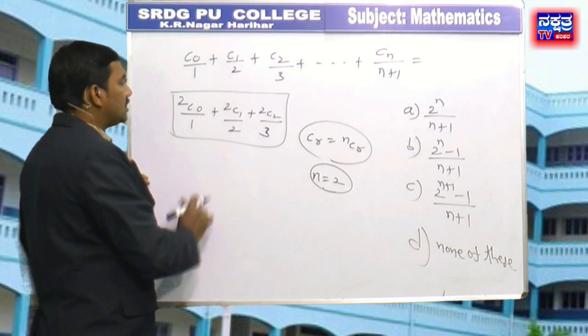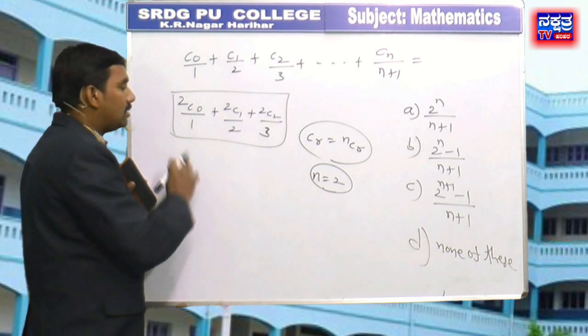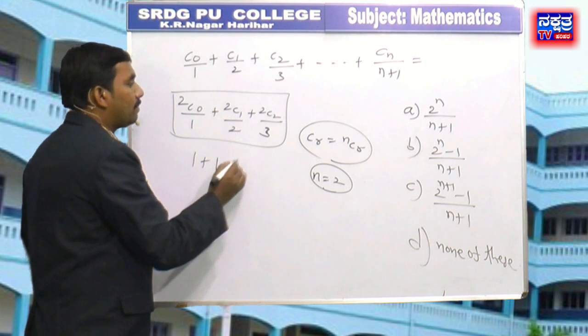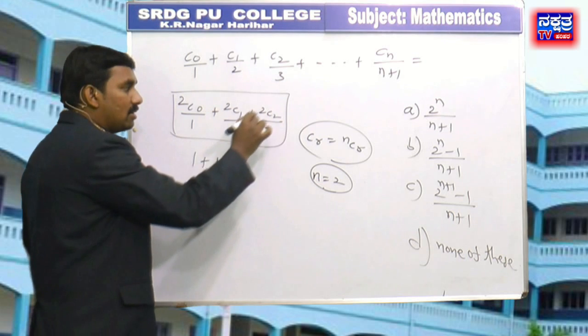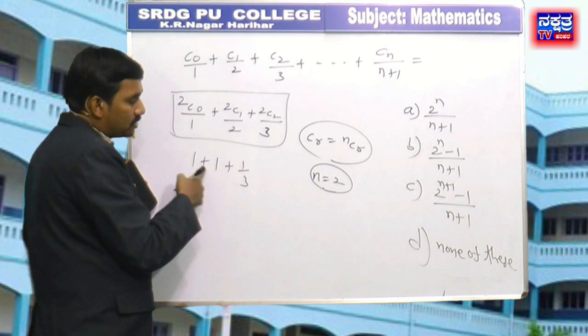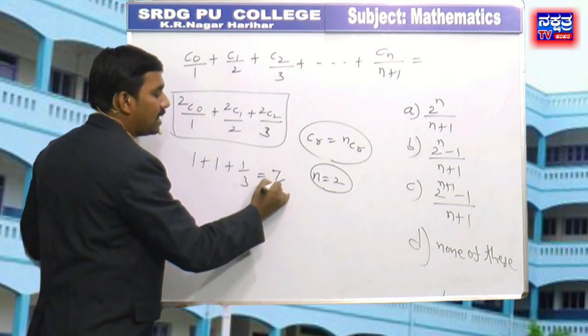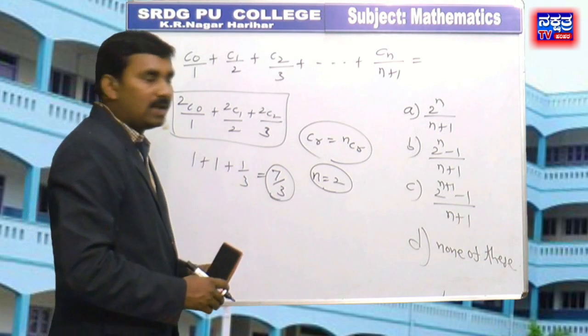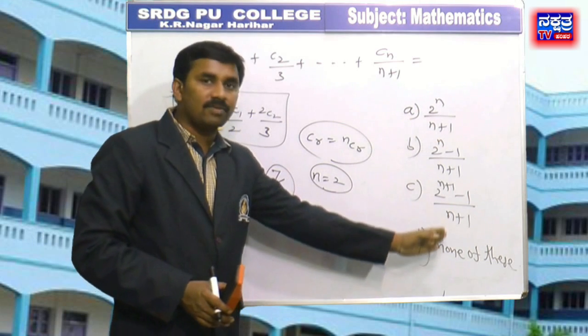Now solving: 2C0 is 1, 1 by 1 is 1, 2C1 by 2 is 1, plus 2C2 is 1, 1 by 3. Then 3 times 2 is 6 plus 1, 7 by 3. The final value is 7 by 3. Now we will verify this with the options.